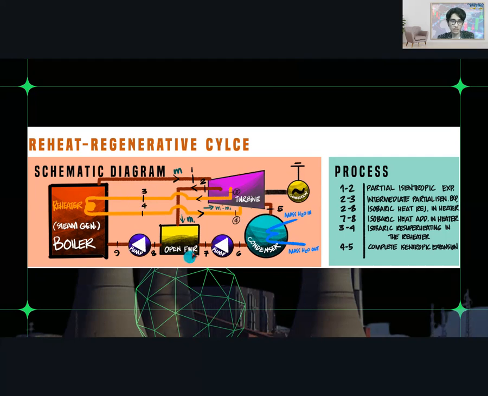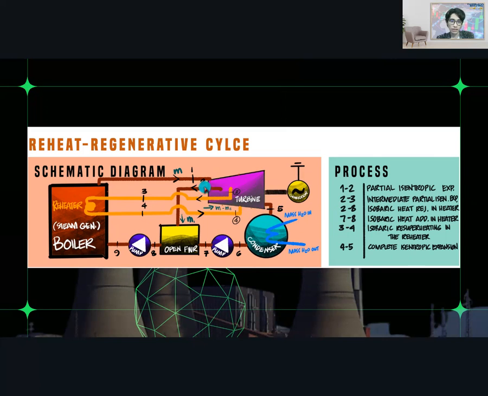As you observe here, this is the schematic diagram of the reheat regenerative cycle. This will be your reheater and then your boiler. Then you also have two pumps, the open feed water heater, your condenser, the turbine, and then the generator. Process 1 to 2 is the partial isentropic expansion, and 2 to 3 is the intermediate partial isentropic expansion, going to the turbine.